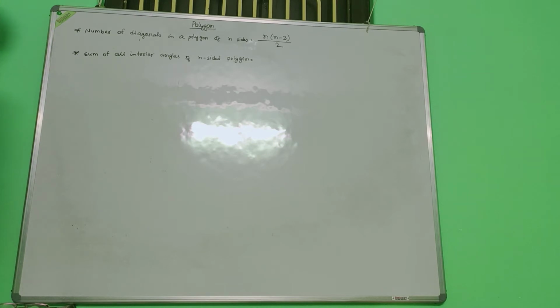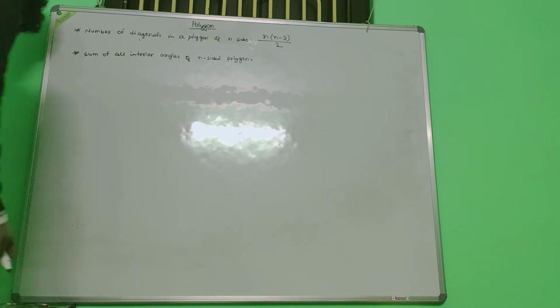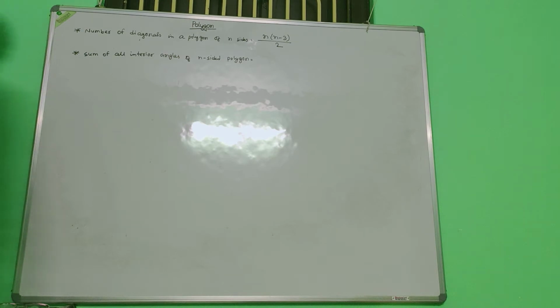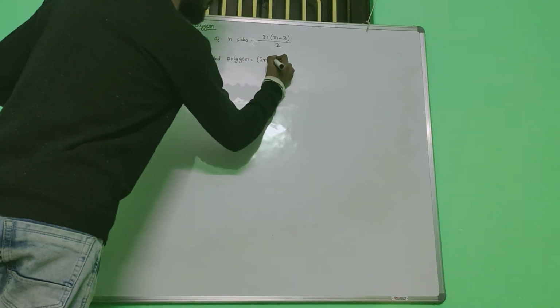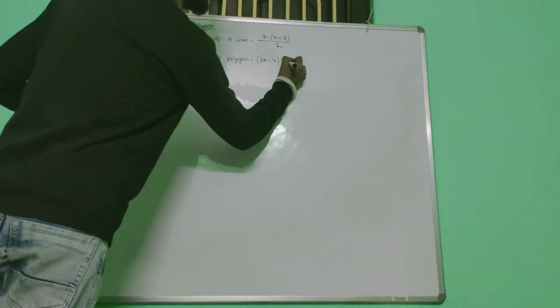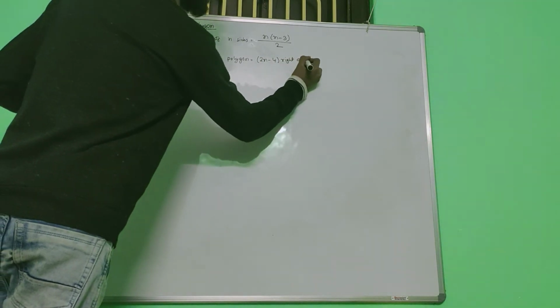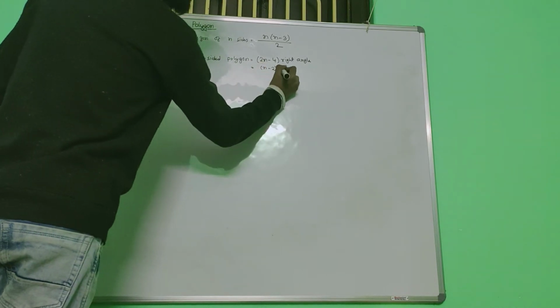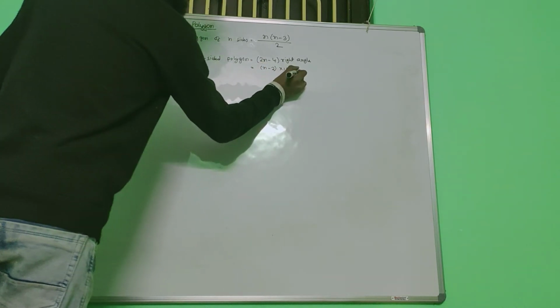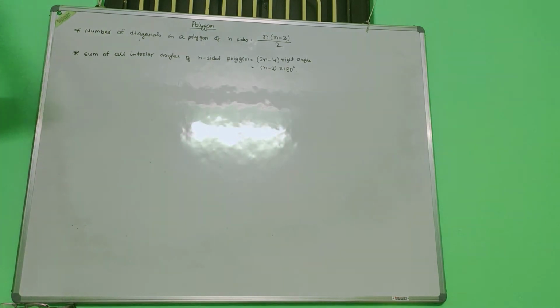So the rule is 2n minus 4 right angles, which means n minus 2 into 180 degrees. You can write it this way also.